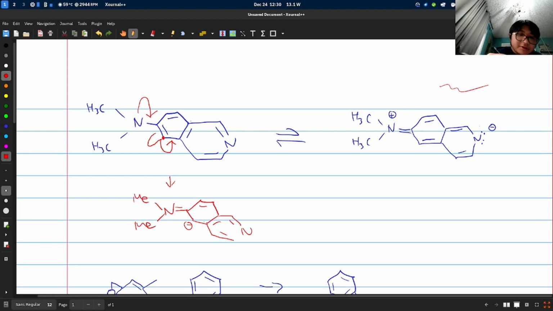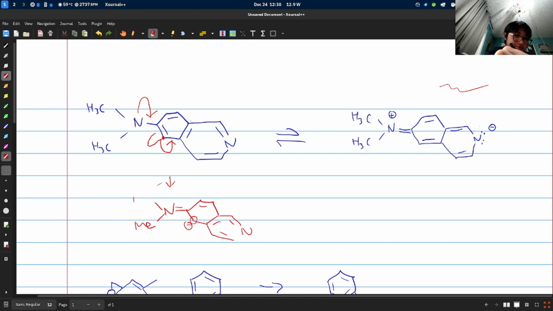Because of resonance, you're going to have a negative charge on this carbon. If you just draw one arrow from the double bond towards the other bond, you're not going to really see this step. So having the bunny hops are his way of showing how things move.